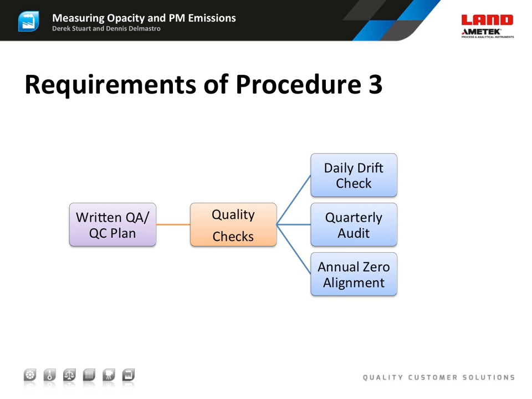Ultimately, it is the end user who is responsible to ensure these tests are conducted and carried out. Both ASTM D6216 and Procedure 3 have resulted in an installed base of quality opacity monitors.